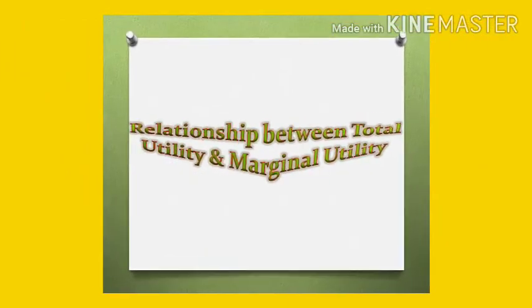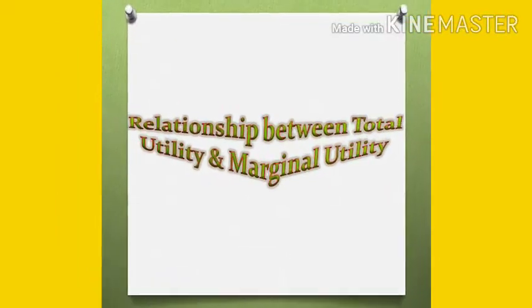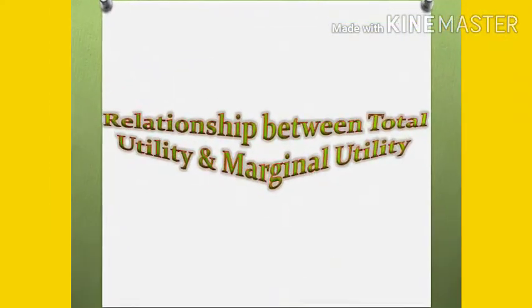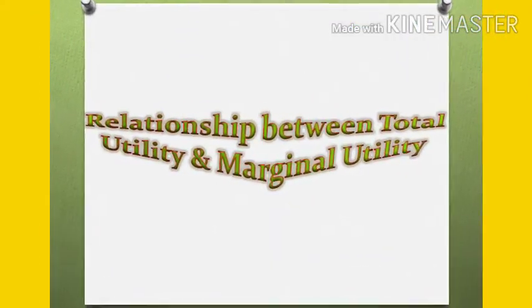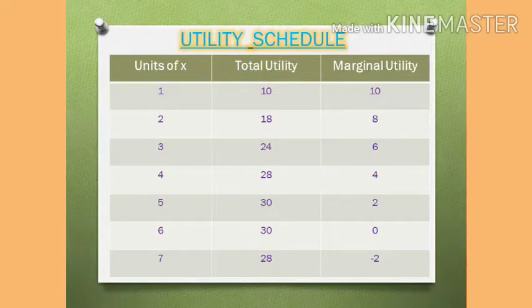The relationship between total utility and marginal utility can be explained with the help of a hypothetical example which includes a schedule and diagram. Schedule. Marginal utility derived from various units of a commodity and its total utility are interrelated.